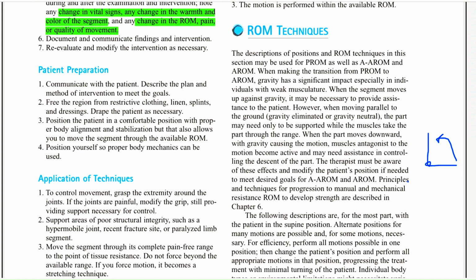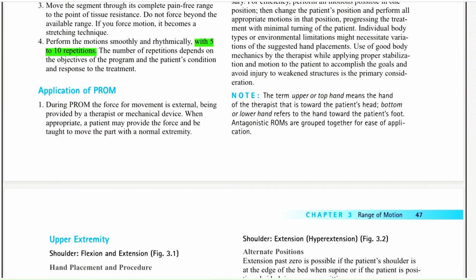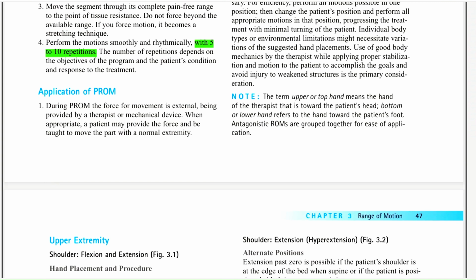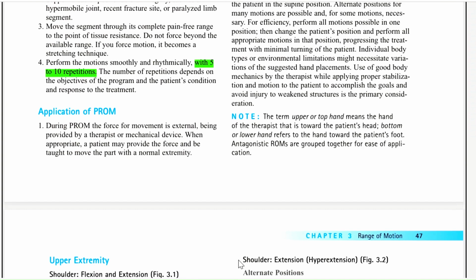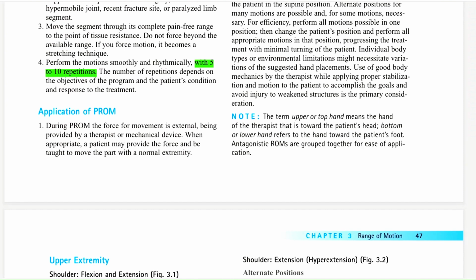So you have learned this concept, the passive, active, and active assisted. We have discussed the types of range of motion. The second thing that we are going to discuss is the role of gravity.